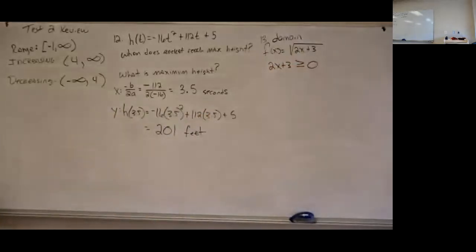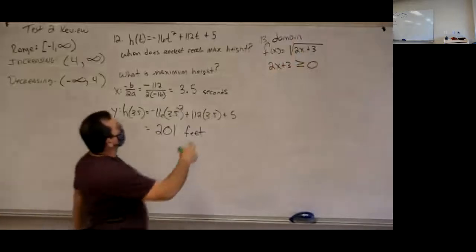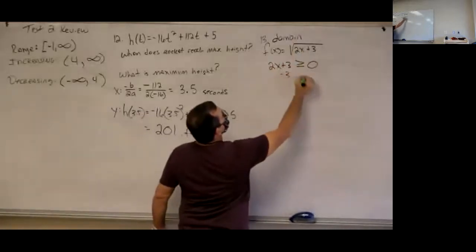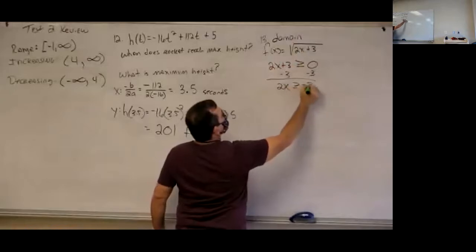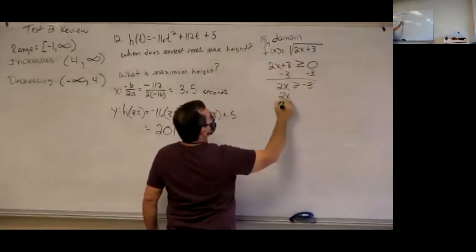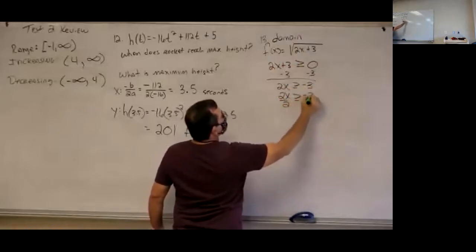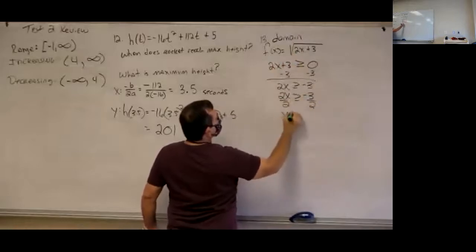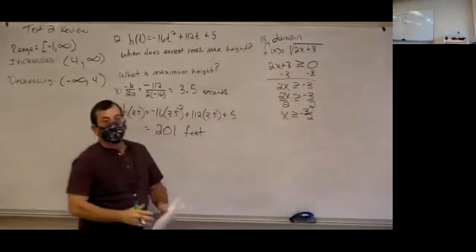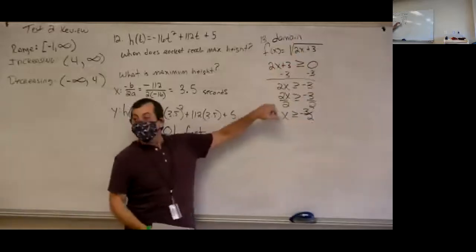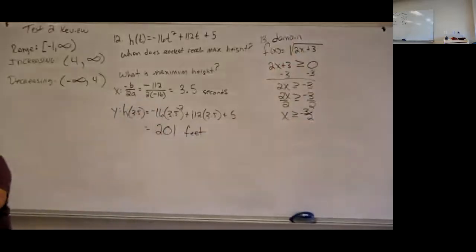So radicals can have a 0 under there, so that's why we're using the greater than or equal to on that. All right, solve this, we'll subtract 3. 2x is greater than or equal to negative 3, and then divide that by 2. So x is greater than or equal to negative 3/2. Now remember, if I had divided by a negative, I would have had to flip that around.